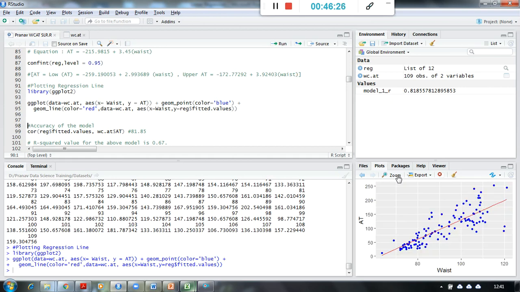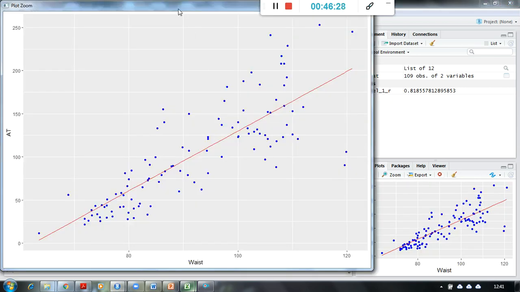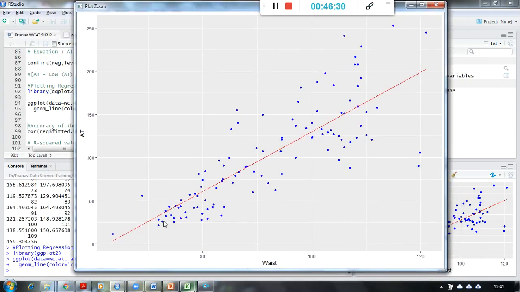So now this is the regression line which our basic model has come up with. All these blue dots are our original y values, and all y hat values are on this red line. You can see here, for this particular point where my mouse is, my model has fitted this value.